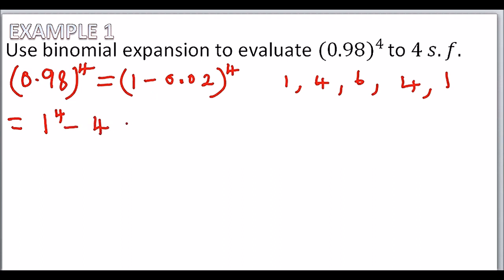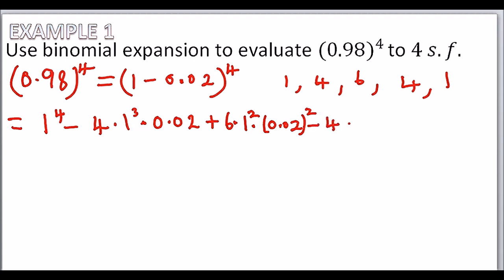The next coefficient is 4, multiplied by 1 to power 3, it reduces the power by 1, and we multiply by 0.02. Then we write plus 6, multiplied by 1 to power 2, multiplied by (0.02) squared. Then we put minus.